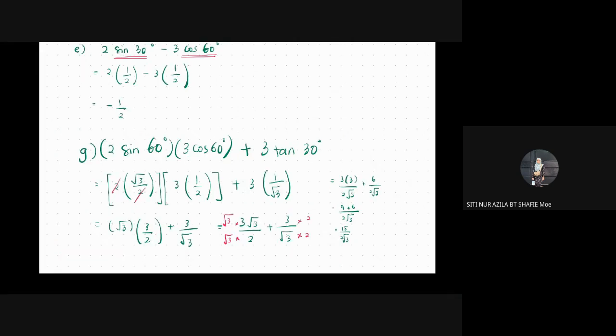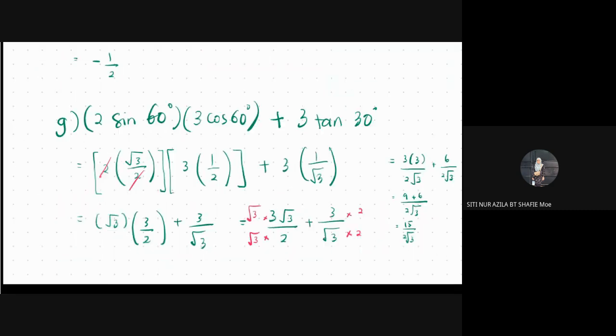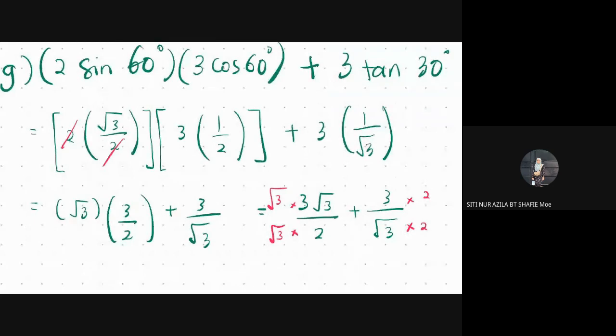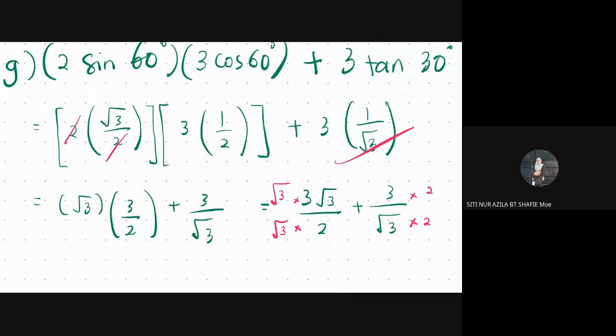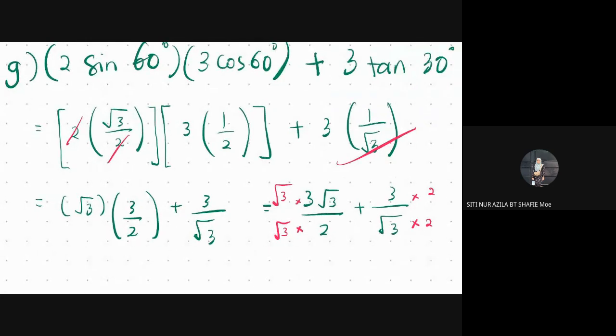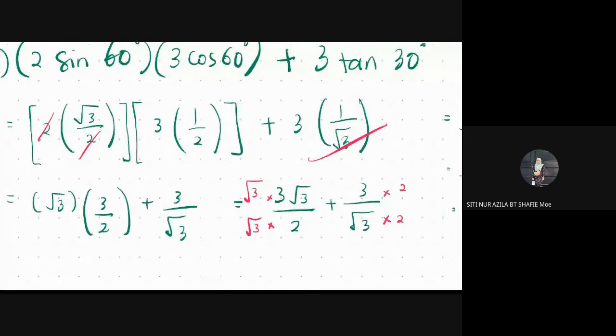So did I get sin 60 is root 3 over 2, cos 60 is 1 over 2, plus 3 times 1 over root 3? Okay, this one should be correct. 3 over 2 plus 3 is 3.